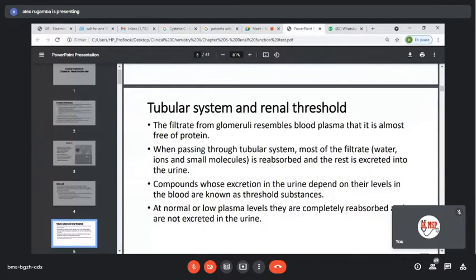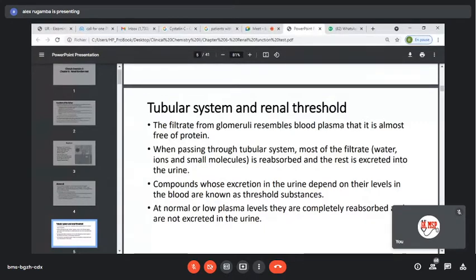So there are substances or compounds that are eliminated through the urine at low level. Actually, they should be at low level. If they are at high level, like high quantity, then there is a problem. It means that our kidneys are not working properly, because if they are working properly, then a certain concentration of substance will be eliminated.